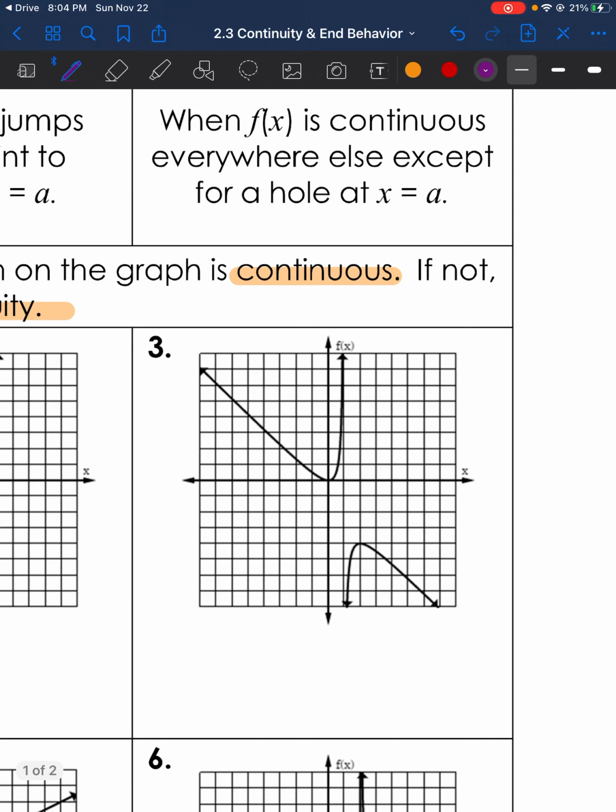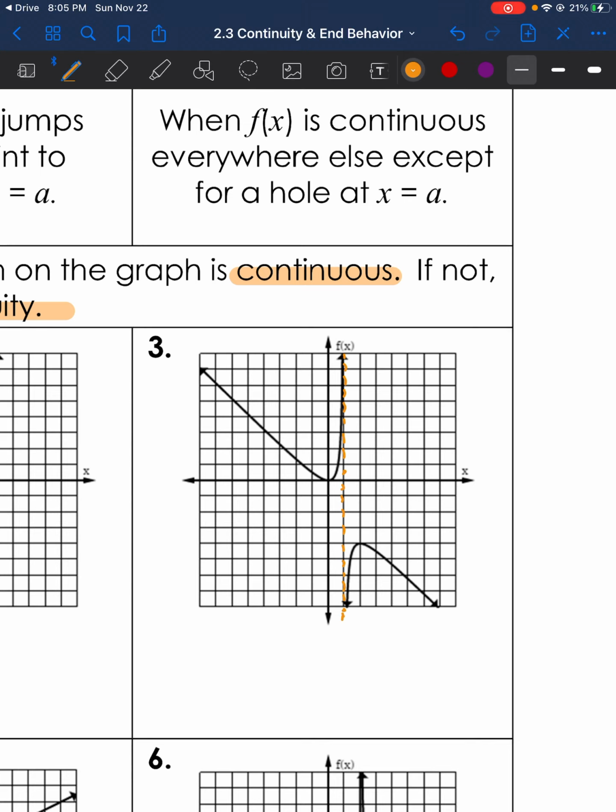Looking at number 3, it looks like we have 2 different sides or legs of this function, this one up here and this one down here. So I think we would consider this a break, and we're asked what kind of discontinuity this is. It looks like we are dealing with an asymptote here at x equals 1.